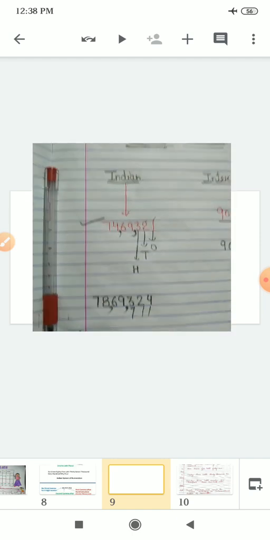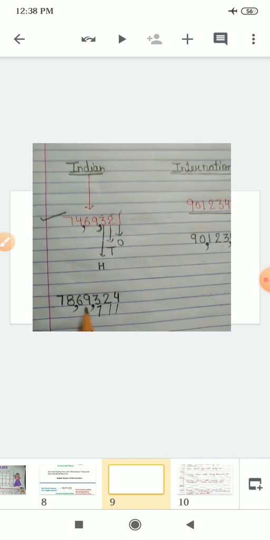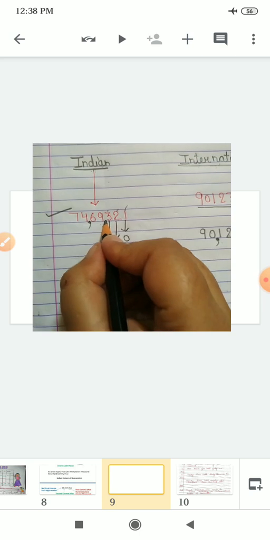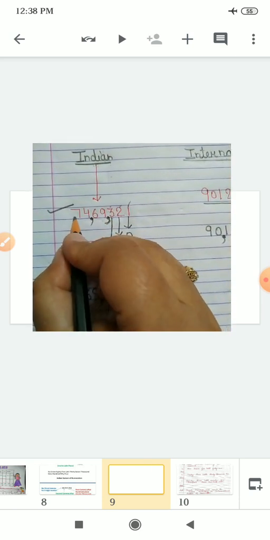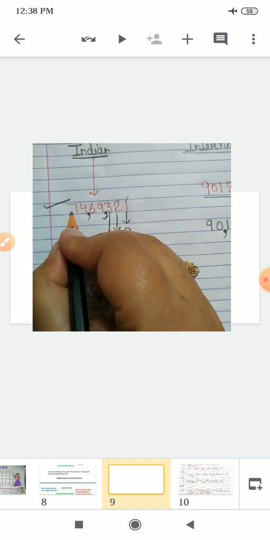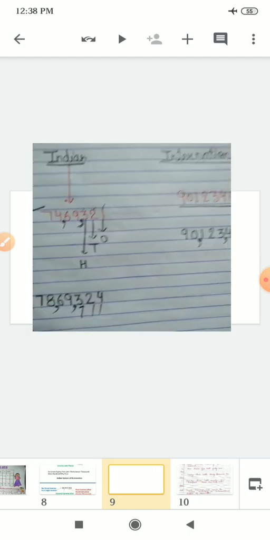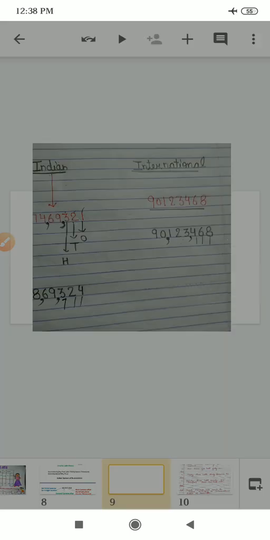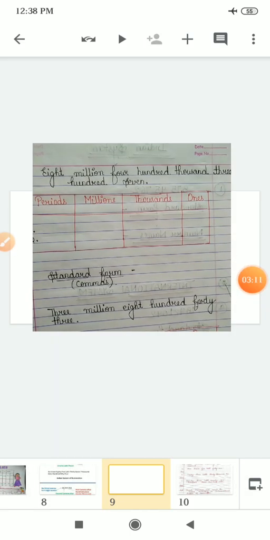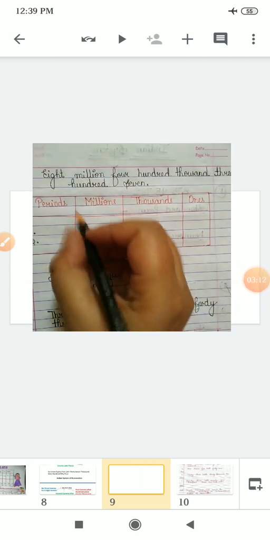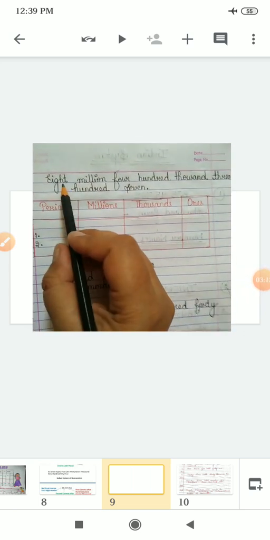Class, here we have one question: 8,400,307. See, I have told you, ones has how many places? 3 places. Ones, tens, hundreds. Then 1,000, 10,000, then in international, 100,000.